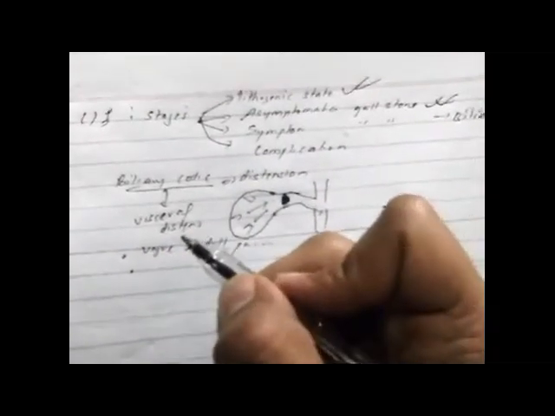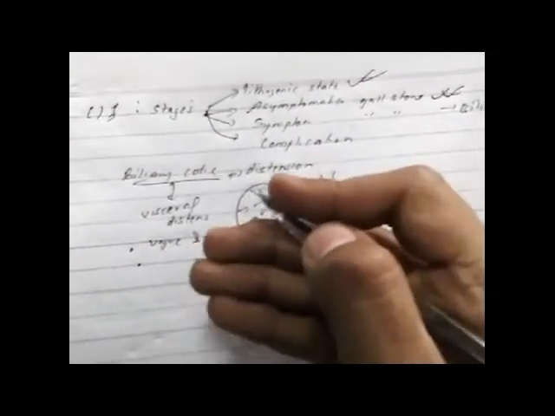Along with biliary colic, there can be acute cholecystitis. The colicky pain is localized in the epigastrium or right hypochondrium.